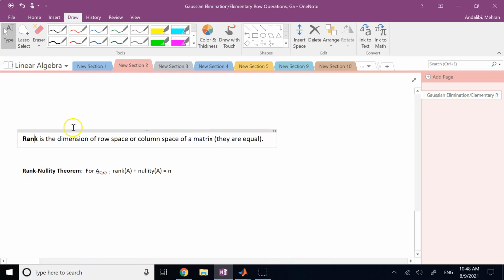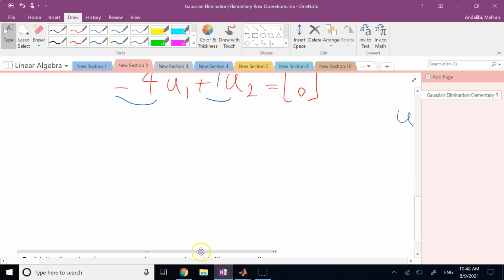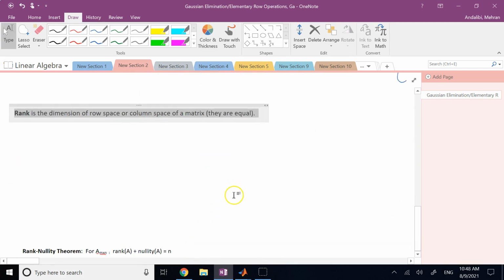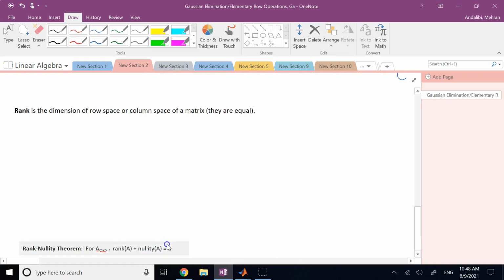So we talked about the rank, so we are good about that. Now what is range space versus the null space? So range space means what? Range space of matrix A is equal to basically the column space of A. And column space of A means any linear combination of the columns or the space spanned by the columns, right?